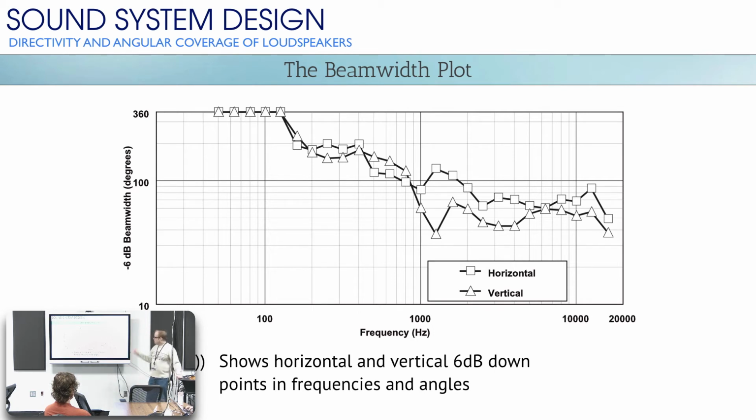However, the concept of the beamwidth plot says that, okay, if 3 dB is the smallest amount of change that anyone could really perceive on the average person, then we've made a rule of thumb in professional sound that says we're willing to tolerate deviations in level, give or take 3 dB. So we call that plus or minus 3 dB.